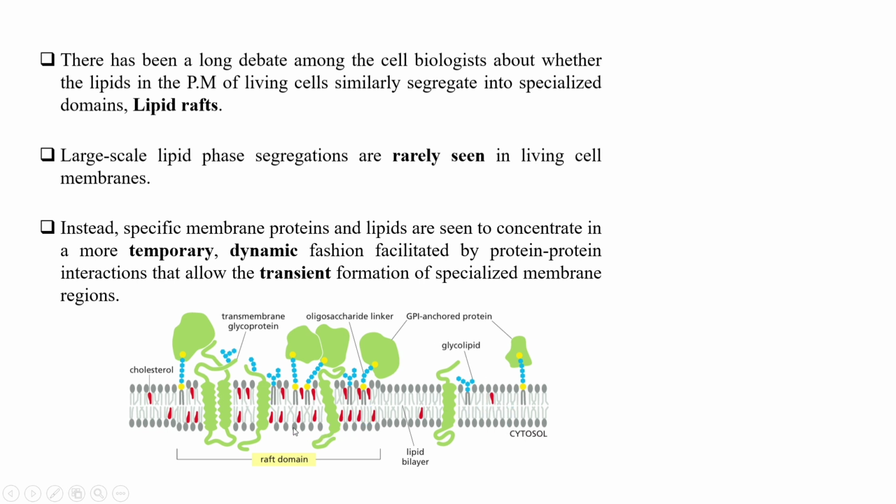I have mentioned that when cholesterol intercalates with phosphoglycerides, it increases the thickness. And also, as these lipid rafts contain more sphingolipids like sphingomyelin and glycolipids, the length of the fatty acids of sphingolipids is longer and saturated. So for these two reasons, the cholesterol intercalation with the phosphoglycerides and the presence of sphingolipids, the thickness of the lipid domain increases.